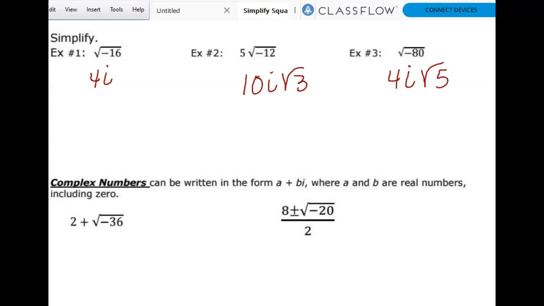So the square root of negative 36. First of all, what is the square root of 36? 6. And the negative means I get i. So I get 2 plus 6i. So that's what makes it complex. There's a real part and an imaginary part. Okay?